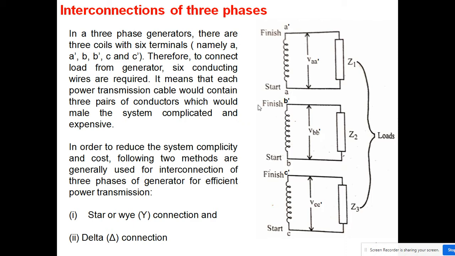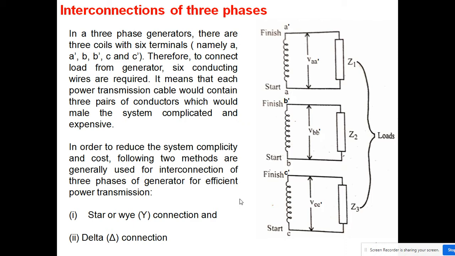You see here you require one wire, two wire, three wire, four wire, five wire, and six wire to attach the load. So if we transfer power from generator to any load, we require a lot of wires, which creates complexity and also increases the cost of the system.